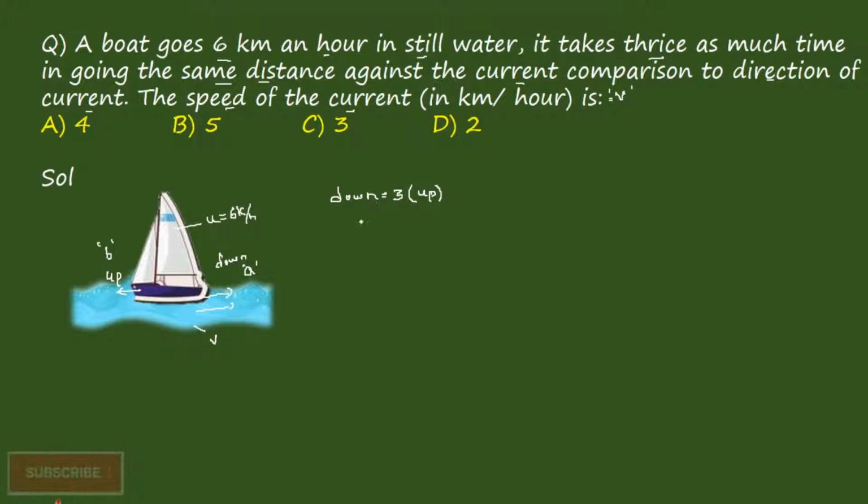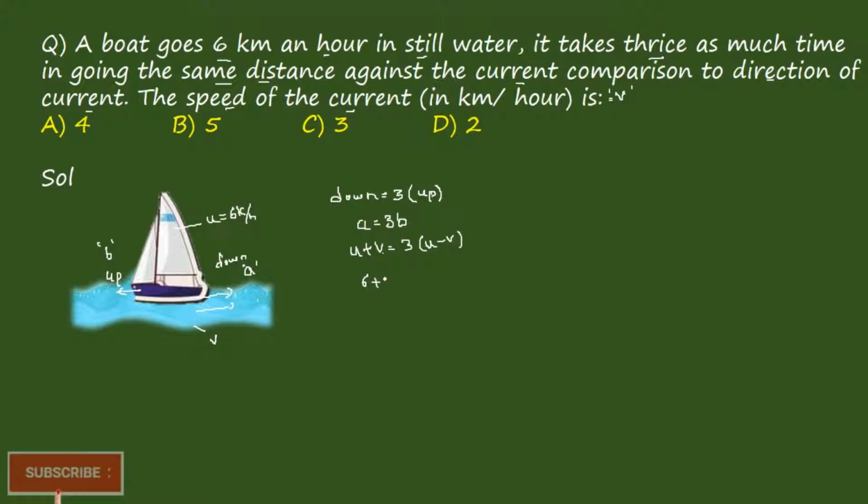As you know, downstream A is equal to 3 times B. What is A? It is nothing but U plus V is equal to 3 times U minus V, right? U is nothing but the speed of the boat, V is nothing but the speed of the stream. U is given as 6.